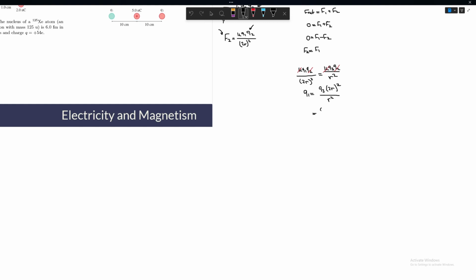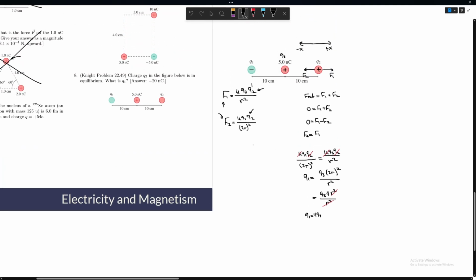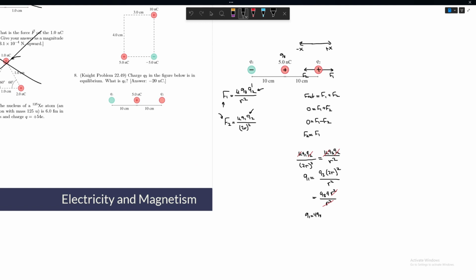Now applying my square, I'll get Q3 times 4r squared all over r squared. Now these two r's cancel out. What I'll get is Q1 equals 4Q3. And since we know my Q3 is 5, 4 times 5 is 20, and it's negative 20.